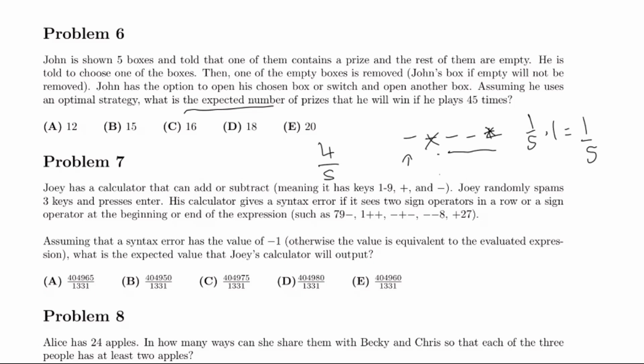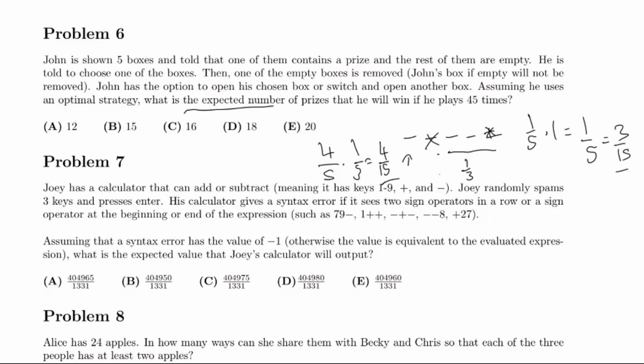Because we know that his box right now doesn't have the prize in it, so he is going to switch. But when he switches, there's only a 1/3 chance of him switching to the right box. So 4/5 times 1/3, that is 4/15. And 1/5, this is 3/15. So we know 4/15 is greater than 3/15. So the optimal strategy is for him to switch the box.